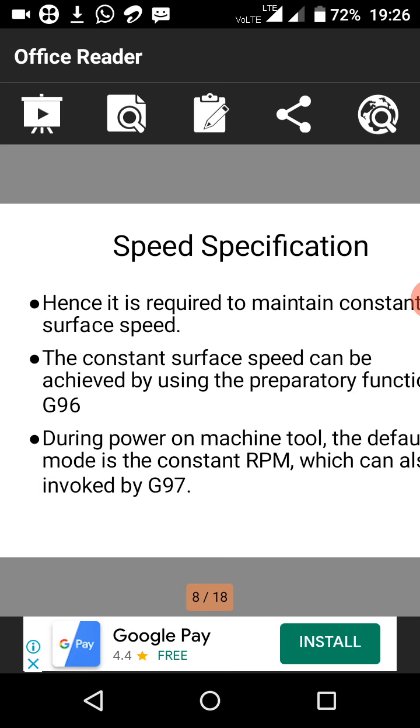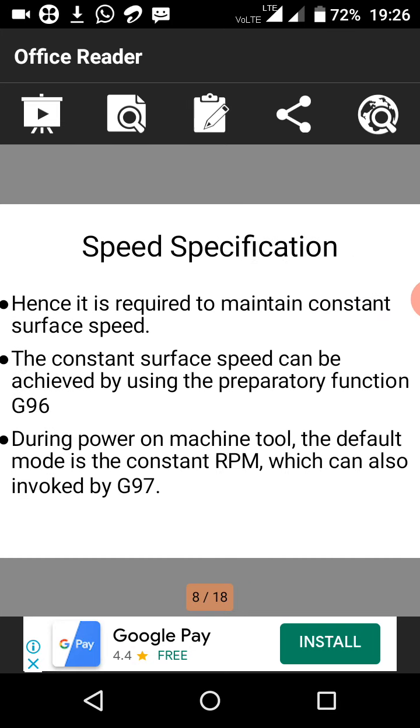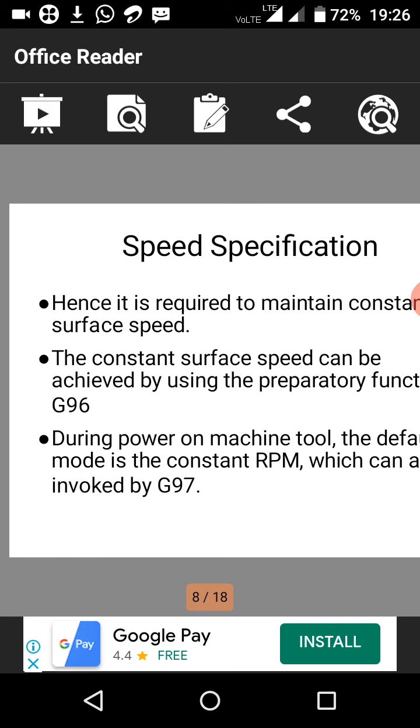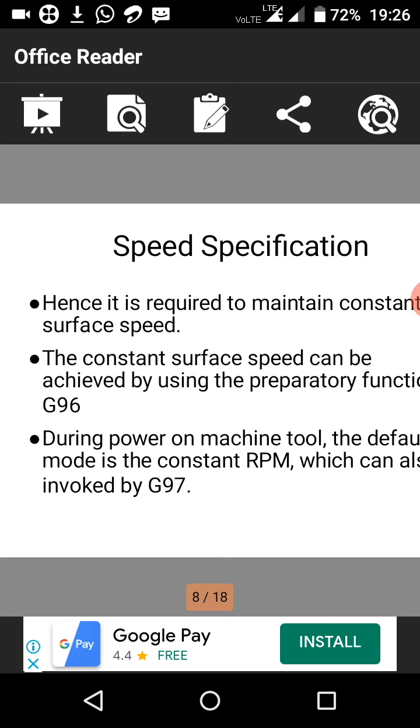Hence it is required to maintain constant surface speed. The constant surface speed can be achieved by using the preparatory function G96. So we write G96 in the program, and write how much speed it is taking.